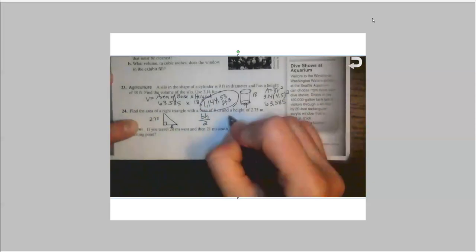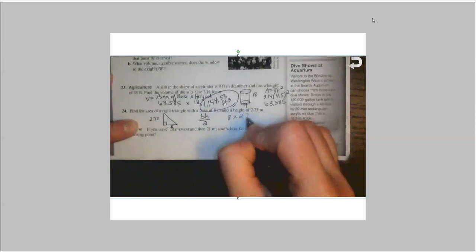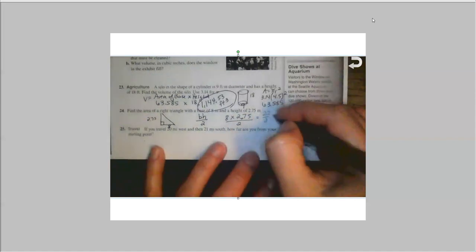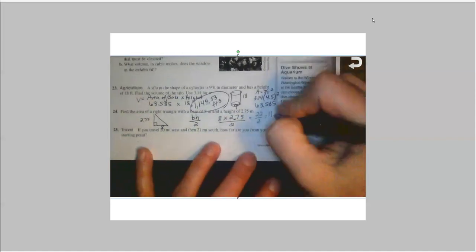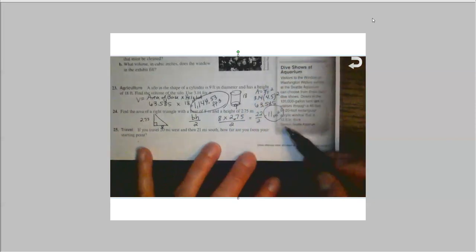So you're just going to take your base, multiply it times the height, and divide it by 2. So 8 times 2.75 is 22. Divided by 2 gives me 11. And area is always square units, so that's going to be square meters.